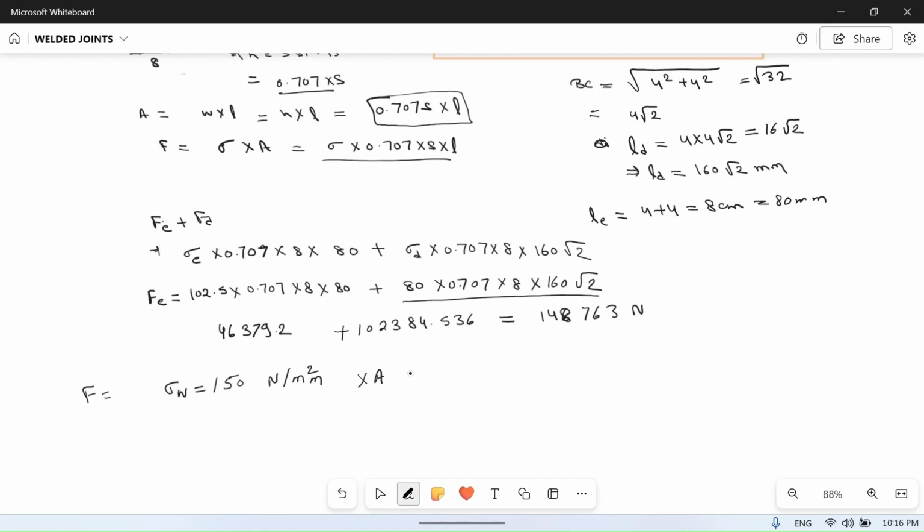So it will be equal to 150 into 1200, which is 1,80,000.